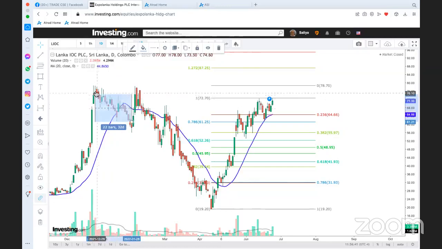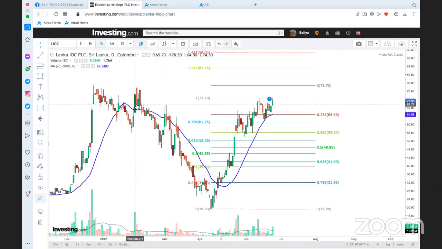Once again, in this area, some people would have absorbed all the selling pressure that came their way, and some of them, including the people who bought over here, might have sold here, right? So this area again is considered an important resistance level, right? And so still the resistance is around that level.